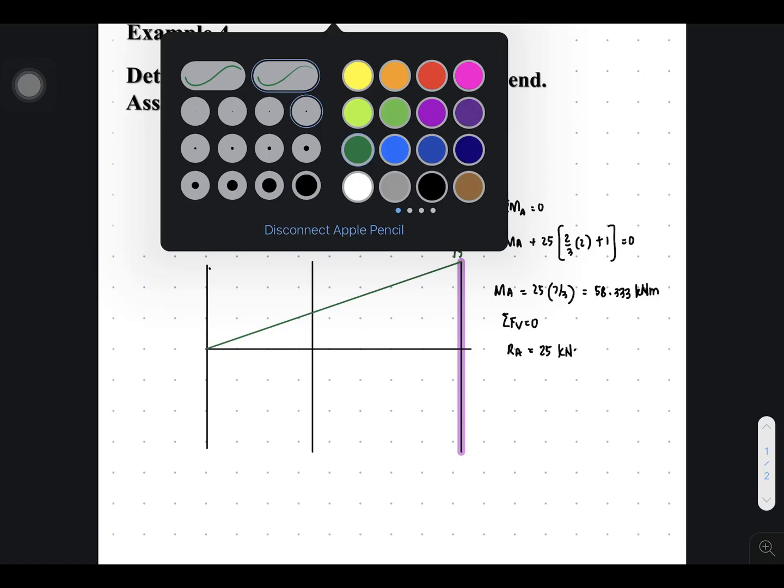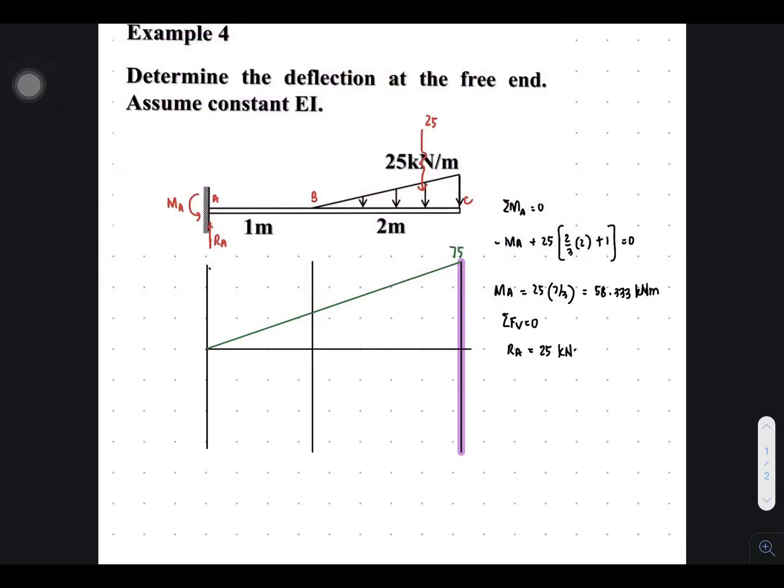So it becomes third degree, that's 25 times 1/3 of 2. So that's 16.667. So if that is the first degree line, this becomes third degree. And the value here is 16.667.